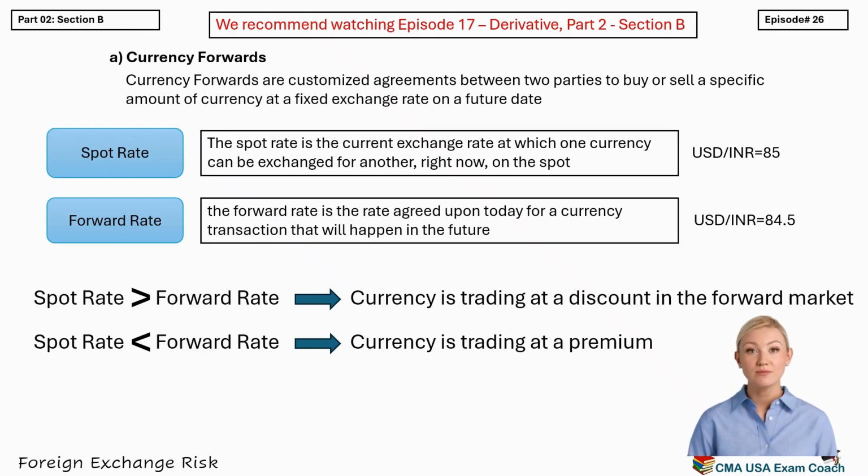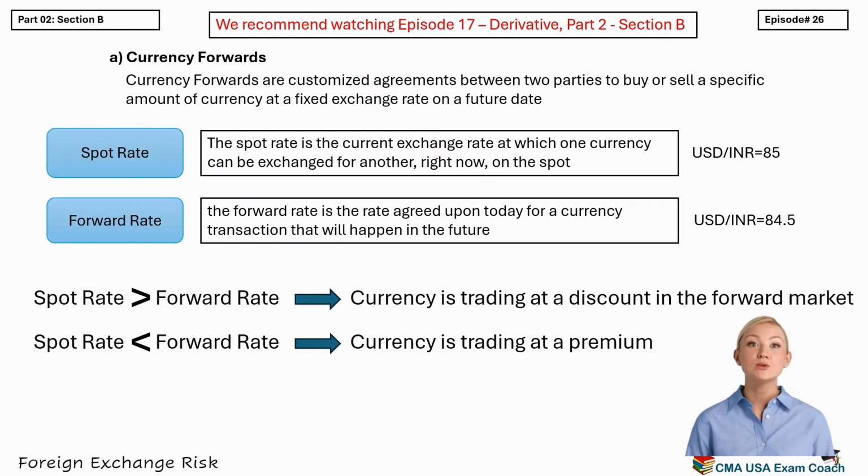On the other hand, if the spot rate is less than the forward rate, the currency is expected to increase in value in the future. In this situation, we say the currency is trading at a premium. For instance, if the current spot rate is 85 and the 3-month forward rate is 86, this means $1 will get more rupees in the future. Therefore, the dollar is considered to be at a premium in the forward market.